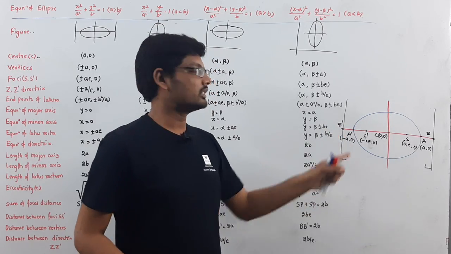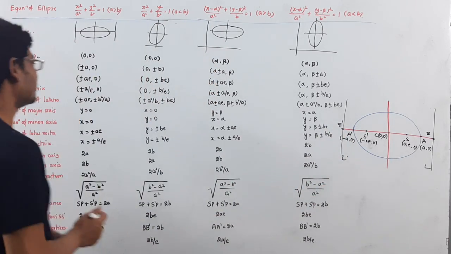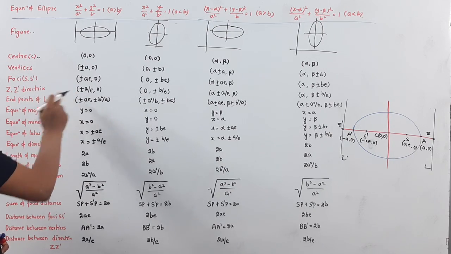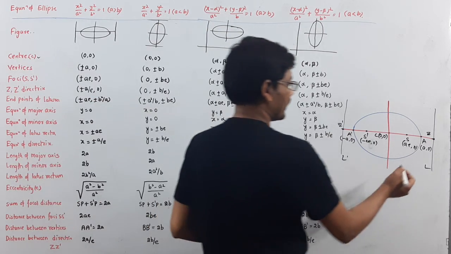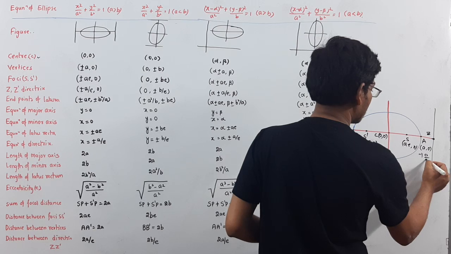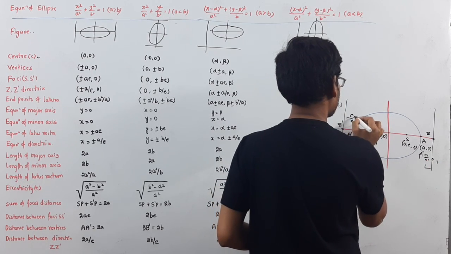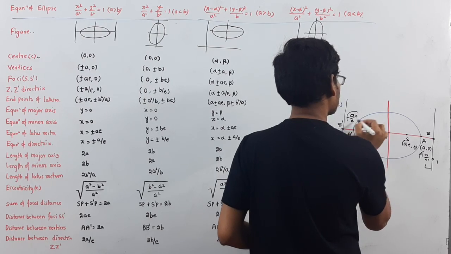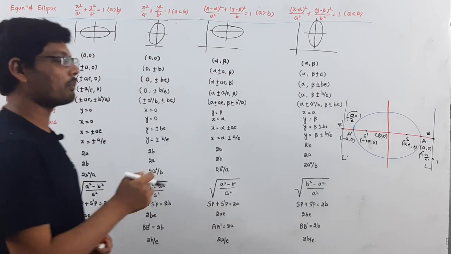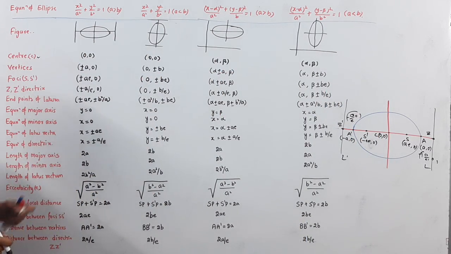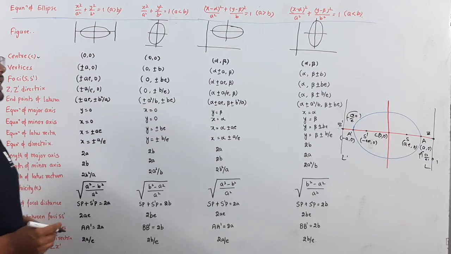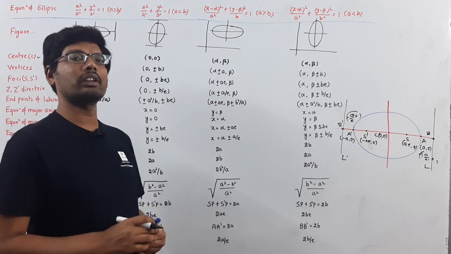The points Z and Z dash are plus or minus AE by 0, that is, the directrices of the ellipse x square by a square plus y square by b square is equal to 1.